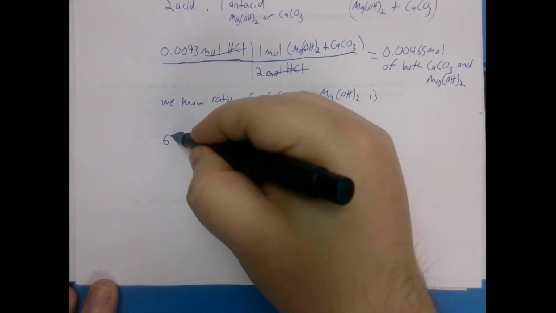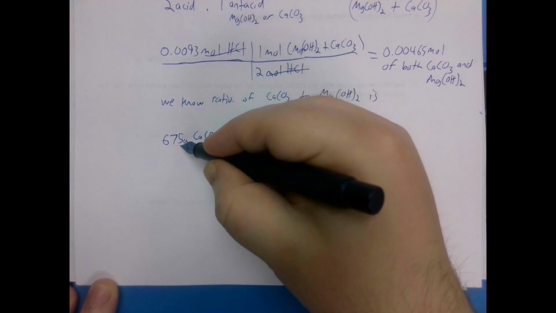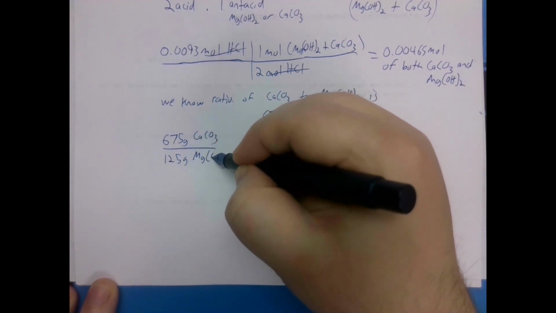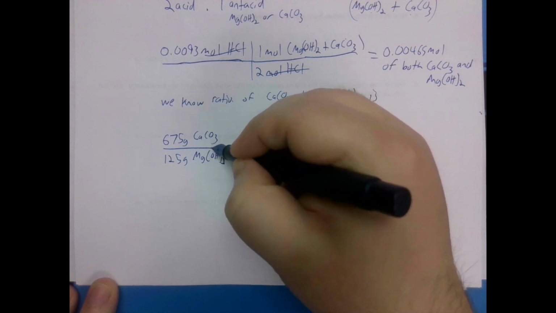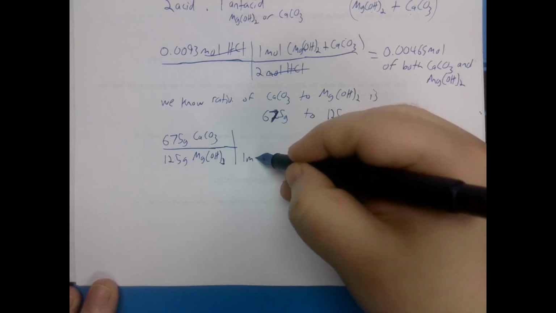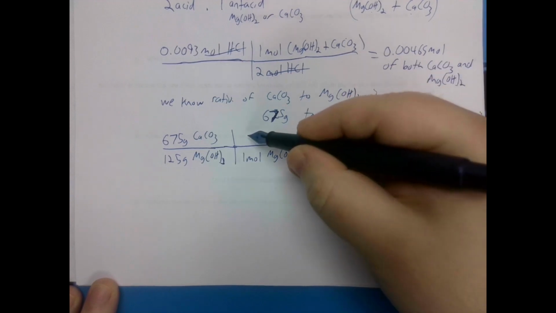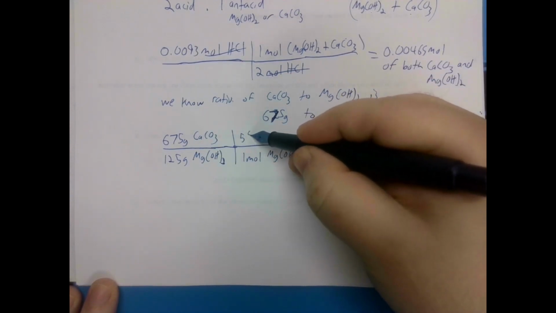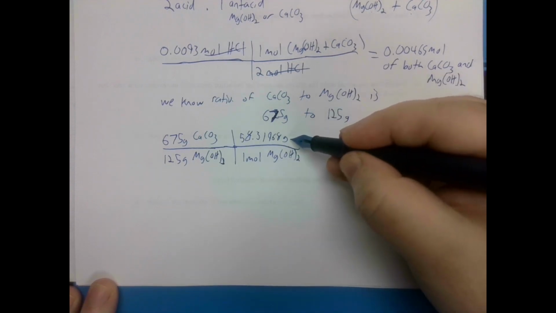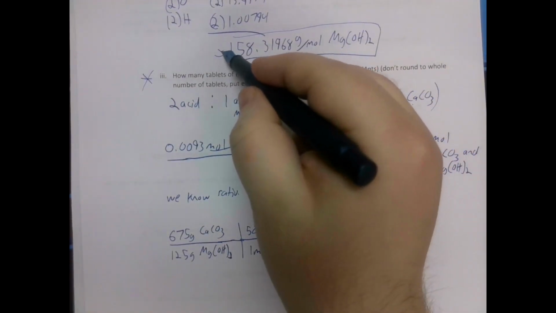So I know my ratio is 675 grams of CaCO3 to 125 grams of Mg(OH)2. But I need to convert to moles. Well, I know 1 mole of magnesium hydroxide is equal to 58.31968 grams of magnesium hydroxide. That is this number right here.